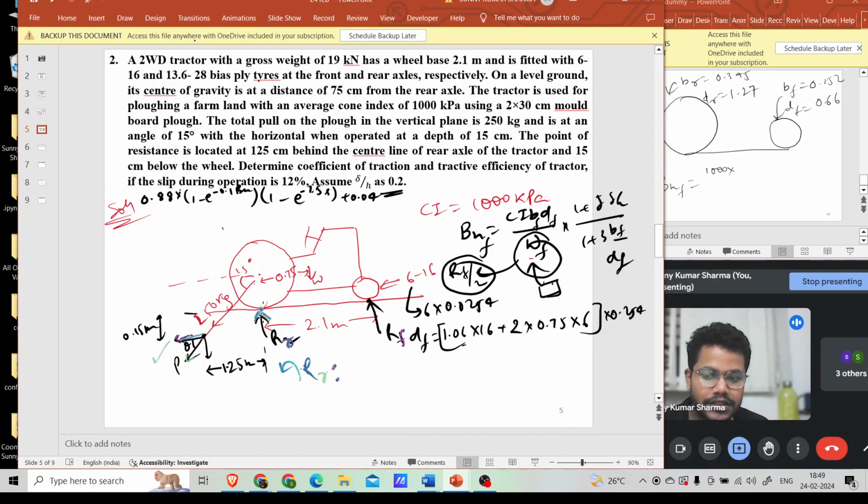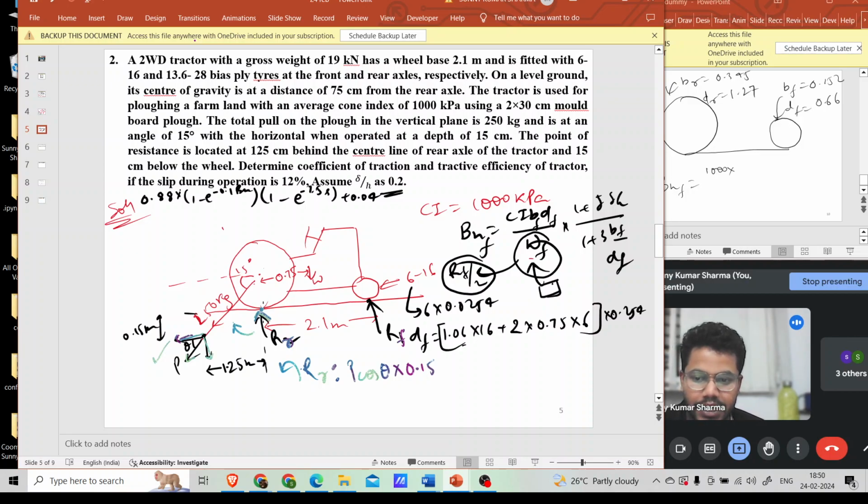P cos theta at this distance 0.15 meter, if you shift it to this point, it will act in which direction? Clockwise. So you can take clockwise as positive or negative. Suppose you are taking it positive. So P cos theta is acting at a moment arm of 0.15 meter. This we have taken positive, so every clockwise we will take positive and every anti-clockwise we will take negative.